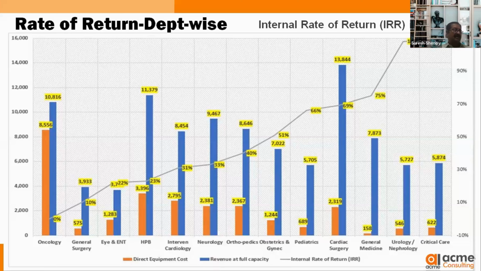You can see that there are various departments starting from oncology, general surgery to the critical care. If you're looking at the blue color, that shows the revenue at full capacity. Full capacity means if you have planned for a 50-bedded hospital, it is when you are achieving a minimum of 80% of the 50.